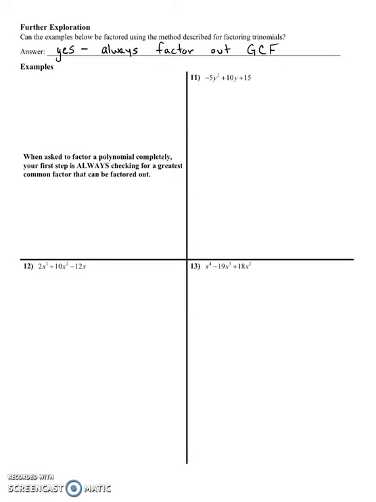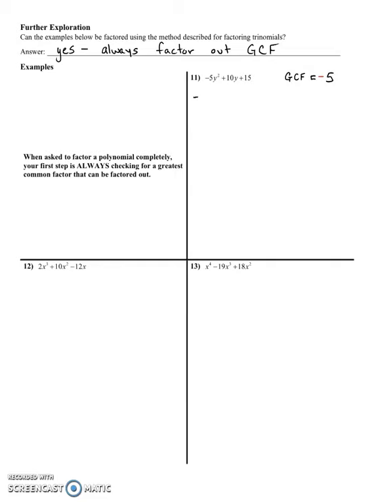So, if we look at number 11, hopefully you see that we can take a 5 out of everything. And I'm actually going to take out a negative 5 because that way we'll have a leading term that's positive.